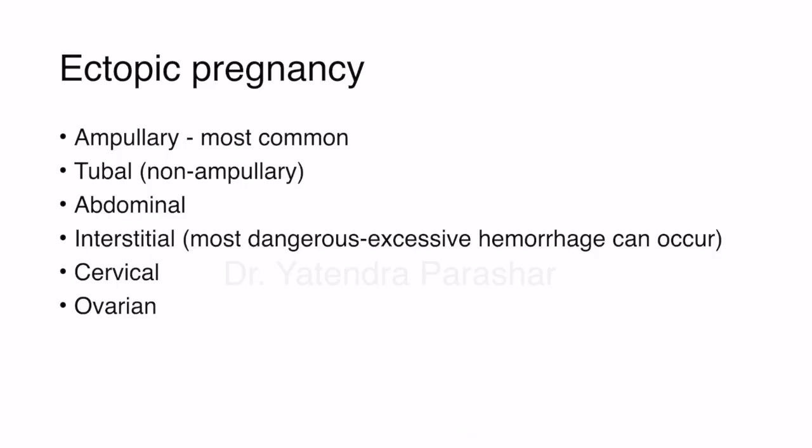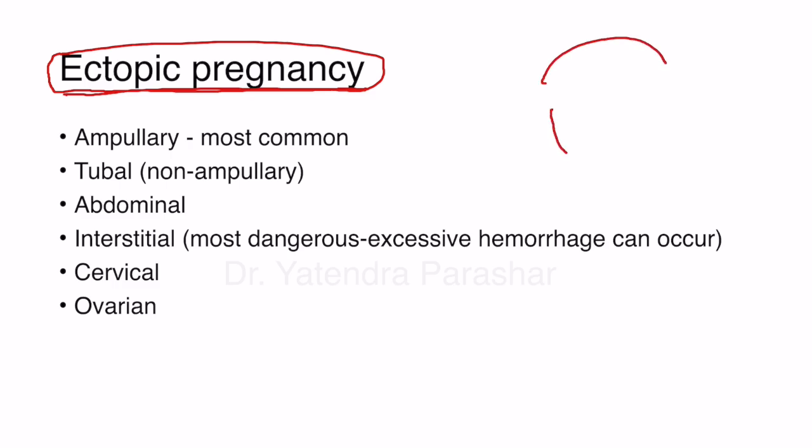Now, the second abnormality which can be seen in the first week of gestation is ectopic pregnancy. Normally implantation occurs in the uterine cavity, and further embryo development is seen there only, on the posterior wall of the uterine cavity.